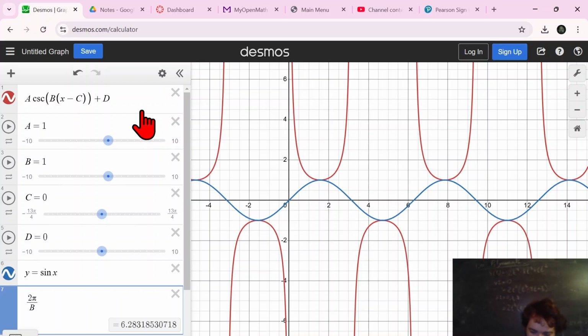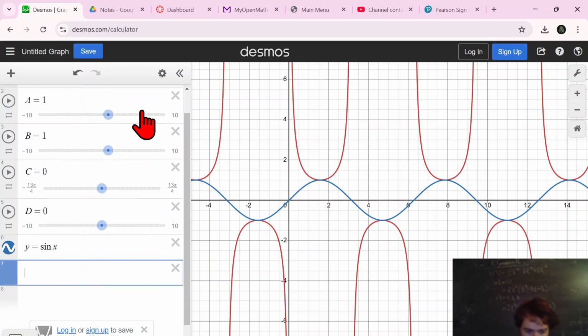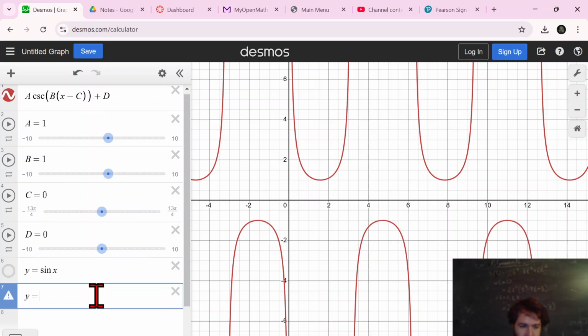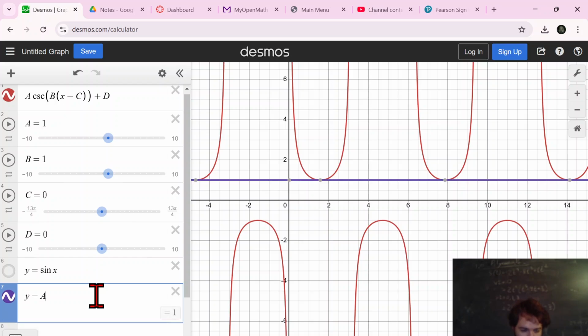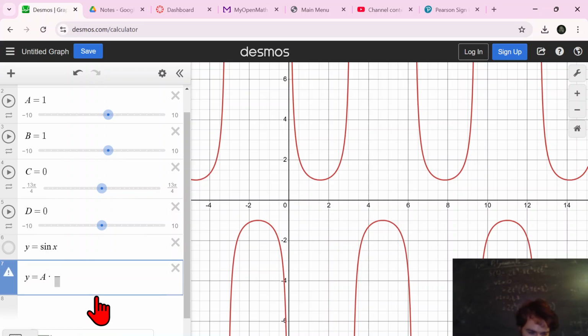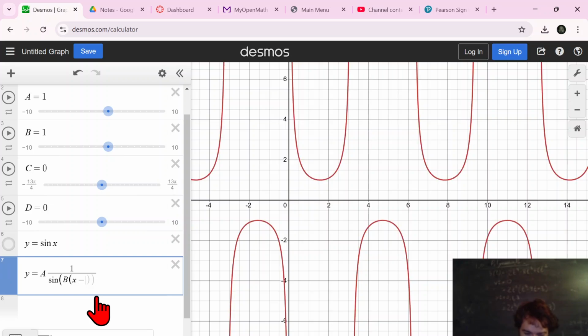So if I want to type the exact same thing as that top equation, what I would need to write is y equals a times, and then a little fraction bar, 1 over the sine for the cosecant graph, bx minus c, and then on the outside plus d.